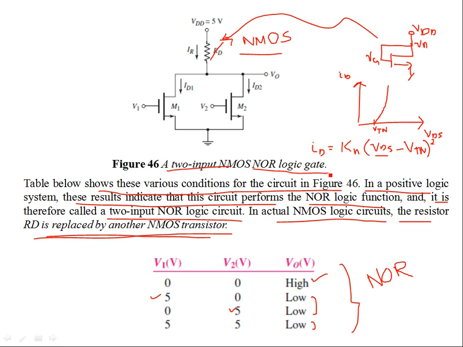So MOSFETs, apart from being used as small signal amplifiers, amplifying small signal time-varying signals, are also used as logic gates in digital logic circuits to perform different Boolean operations.